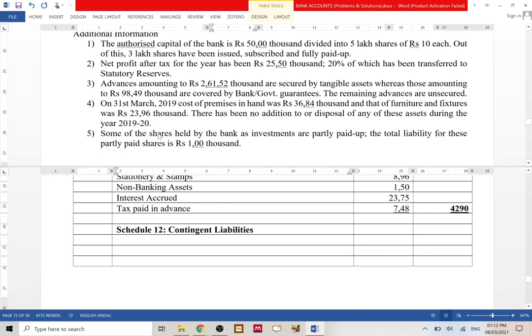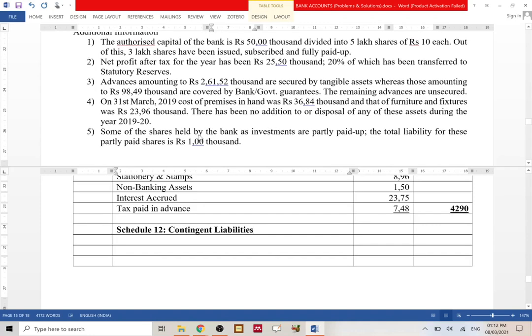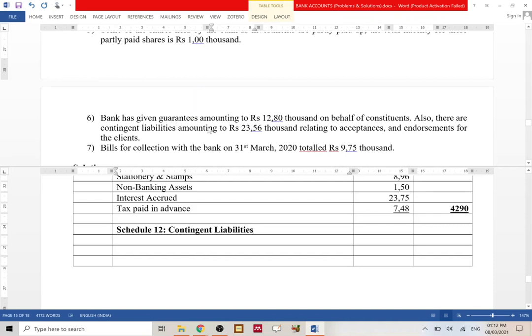What are the items given for contingent liabilities? Bank has given guarantees amounting to rupees 1,280,000 on behalf of constituents. Also, there are contingent liabilities amounting to rupees 23,506,000. Okay, relating to all of this.